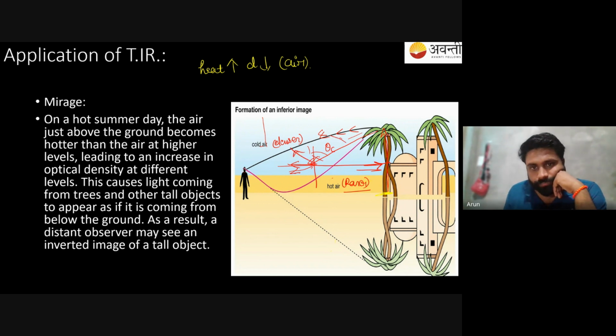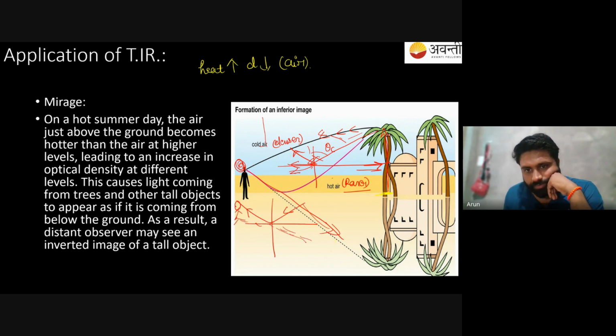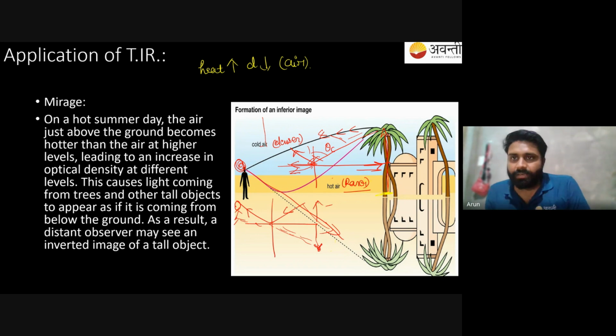So for you as an observer, the rays appear to come from this place. If I just draw the diagram over here, this is the incident ray and it is getting completely totally internally reflected. So you as an observer here will feel the rays coming from this place. That is why you have an inverted image of whatever the object is here. And this phenomenon is termed the mirage.